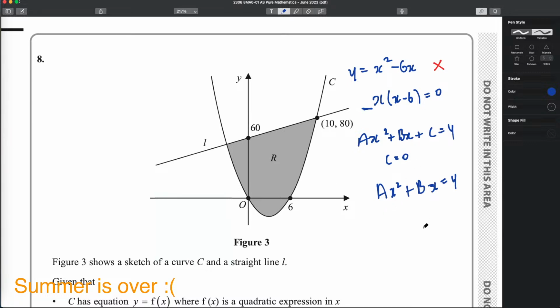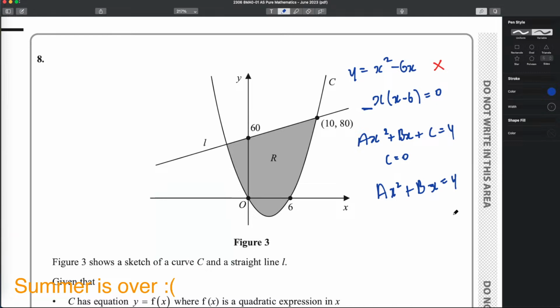This is just so slow though. It's not the equation.